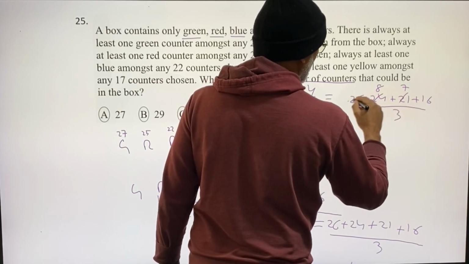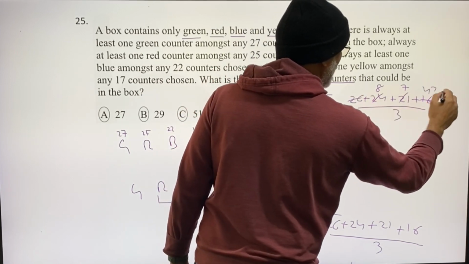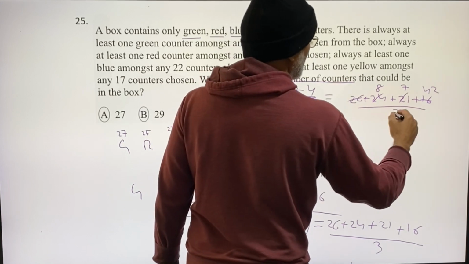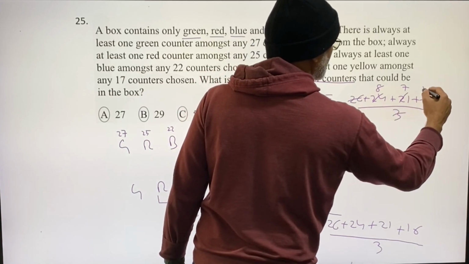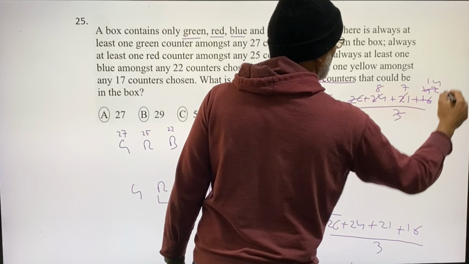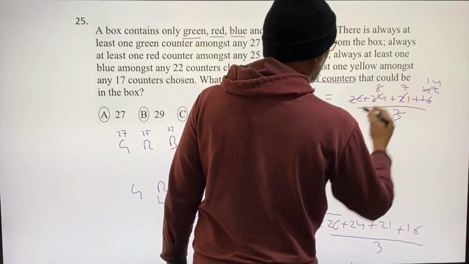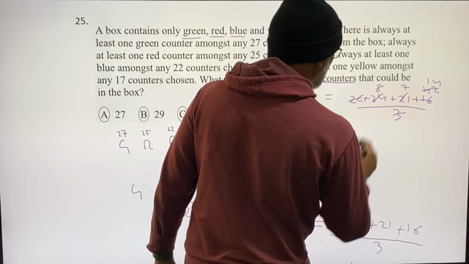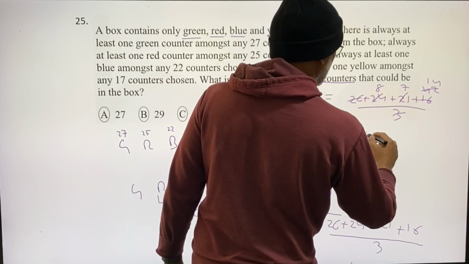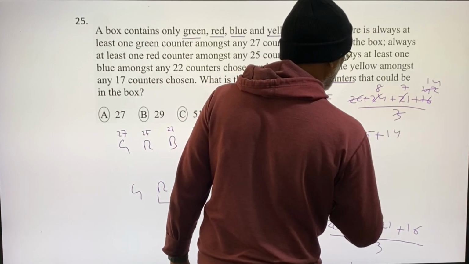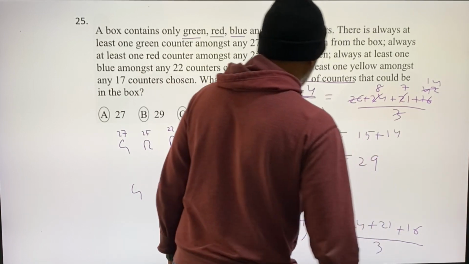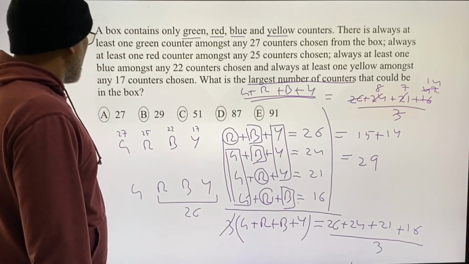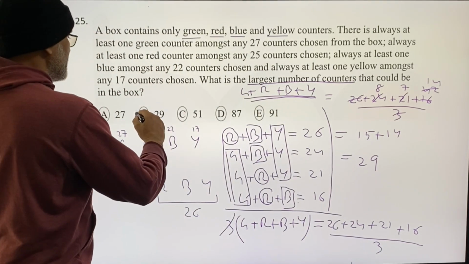That is going to be 42. And then I can divide by 3, so this will be 14. So if I add it up, 8 plus 7 is 15, plus 14, this is going to be 29. Then the correct answer is B.